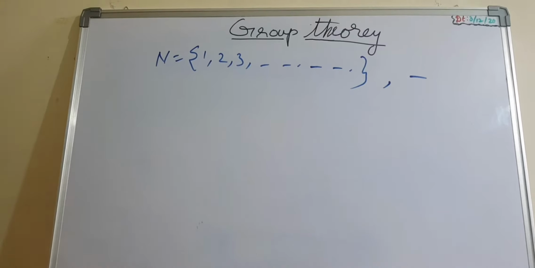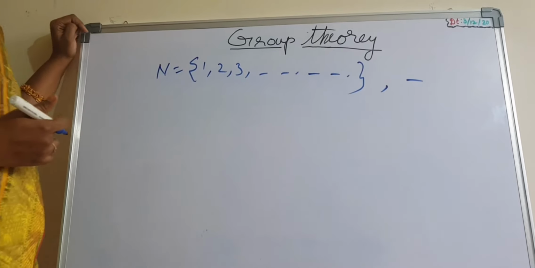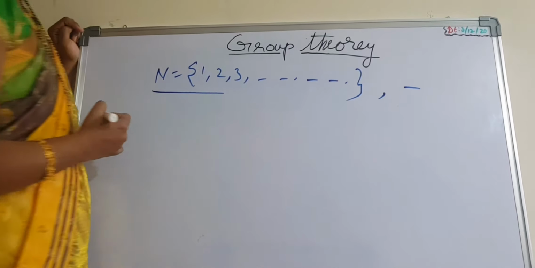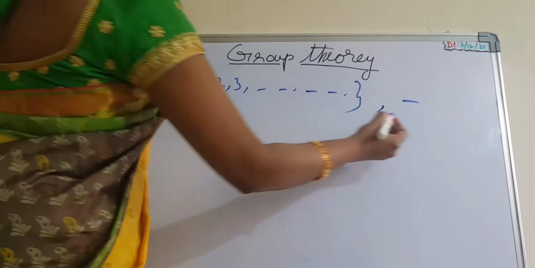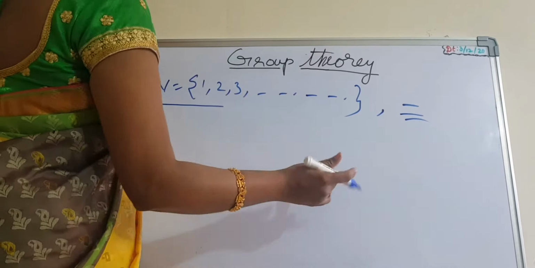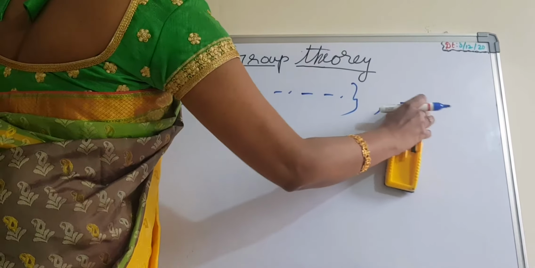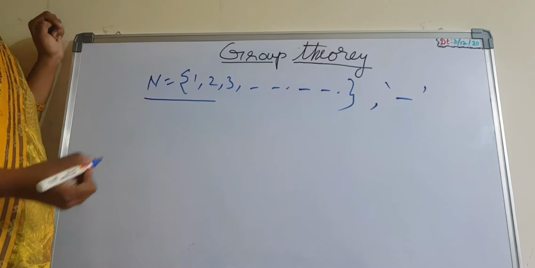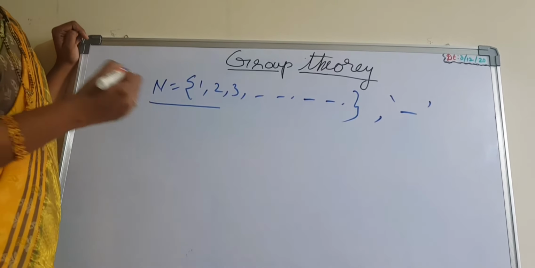Now I am telling another example for binary operation. Here I am taking the set as natural numbers and the operation as minus. Binary operation is denoted with circle, no? Circle is nothing but minus.